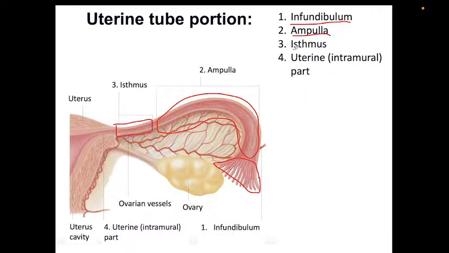Then it's called the isthmus, and one small part located inside of the uterus we call the uterine part, or intramural part of the tube. I hope that is understood.